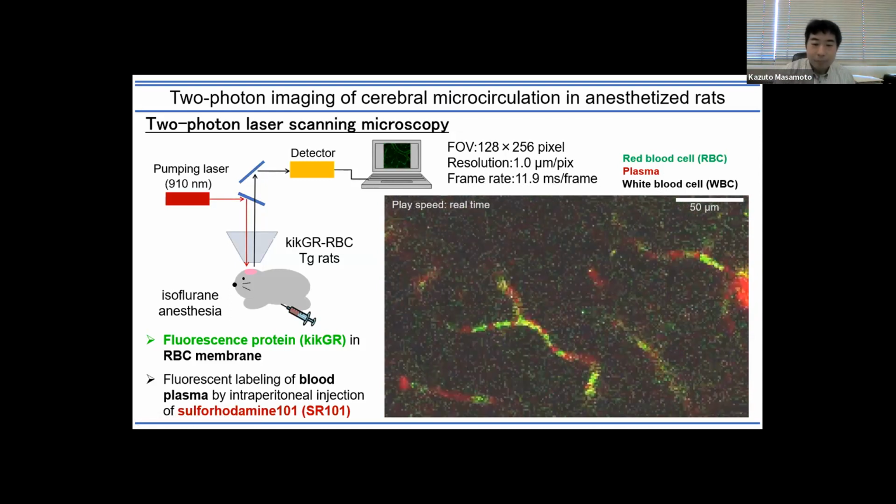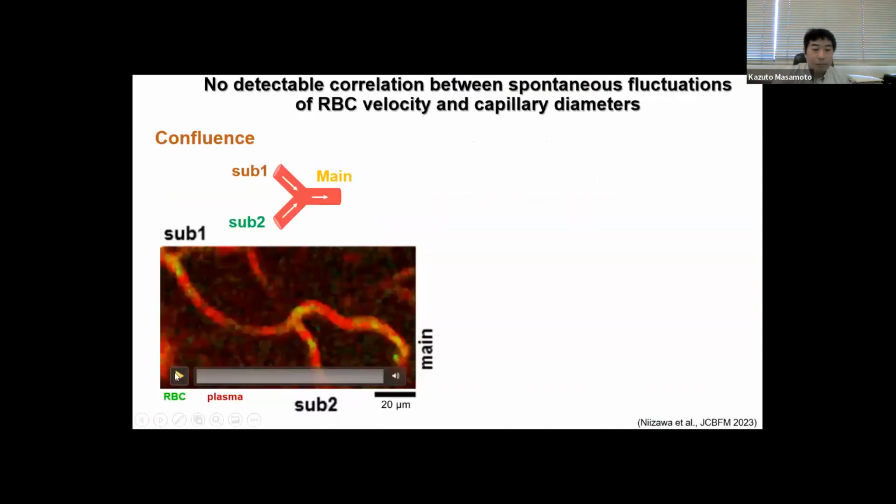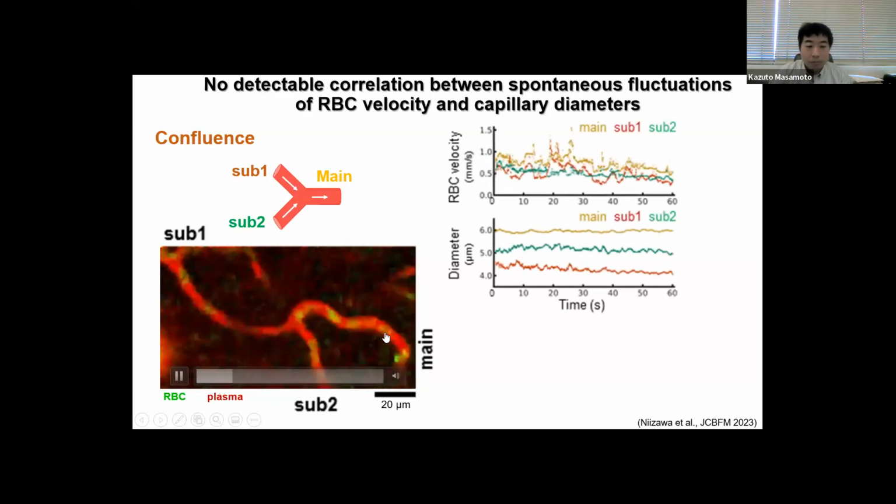If you look at the bifurcation here, two capillaries come together and mix, with red as plasma and green as RBC, and we calculate over 60 seconds, one minute, the fluctuation of velocity and diameter in individual capillaries.